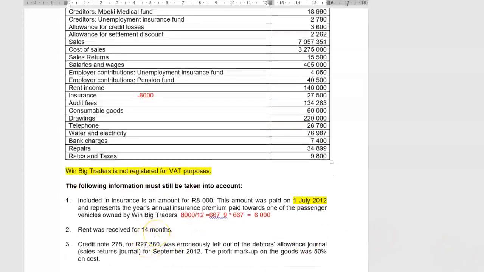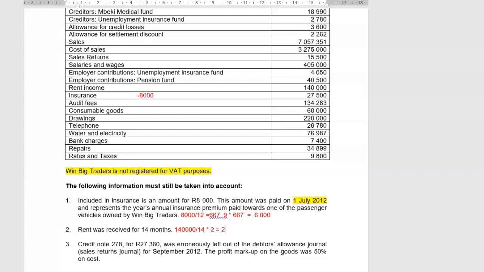Rent was received for 14 months. Now here we have rent income 140,000. So 140,000 divided by 14 equals whatever, 10,000 Rand. And we have in actual fact received 2 months in advance.